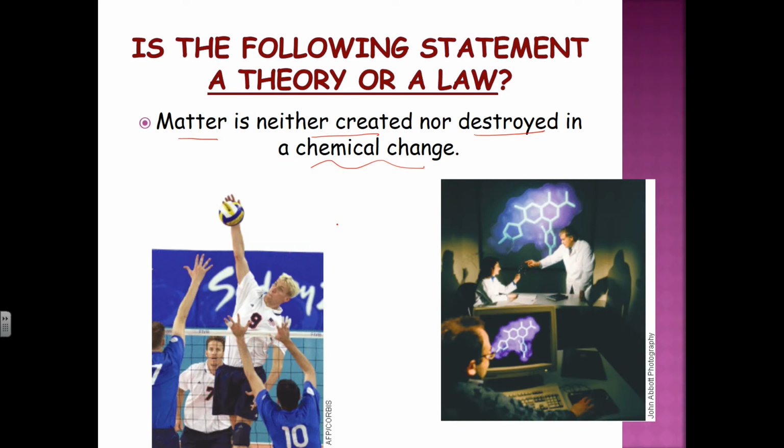It just states the fact. All the matter that's present in the beginning has got to be accounted for in the end during a chemical change. So hopefully you said this was a law. It explains what happens, not why it happens.